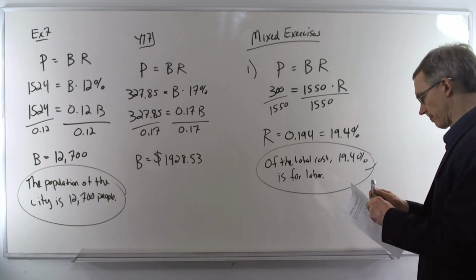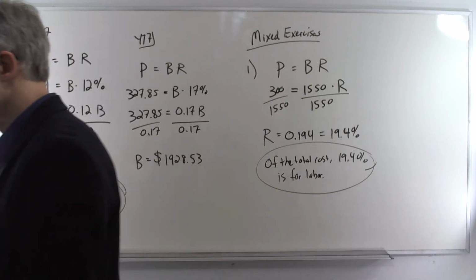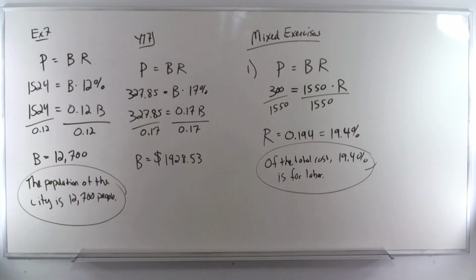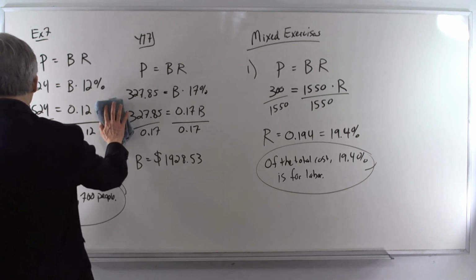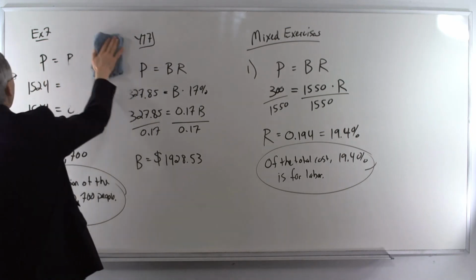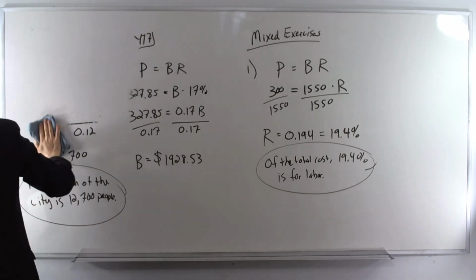Number 2, a college accepts 15% of all applicants. Last year, 3,758 people were accepted to the college. How many people applied?